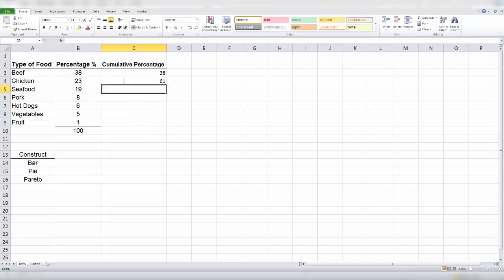Okay. So already we can see that just between the beef and the chicken, that makes up 61% of the responses. Now, we have this formula of basically adding this and going through until we have all of them.